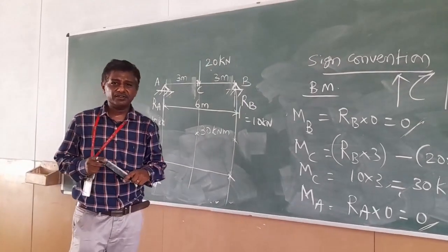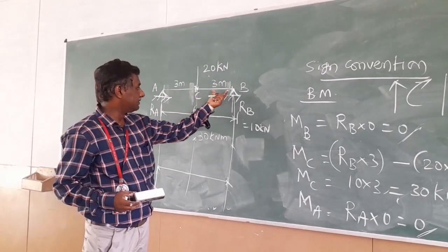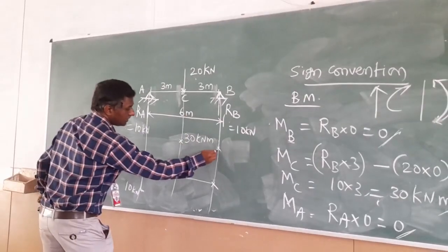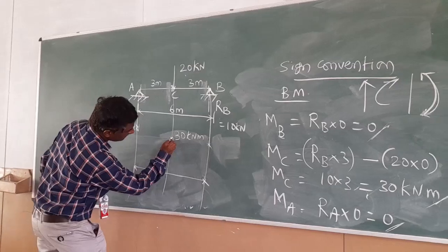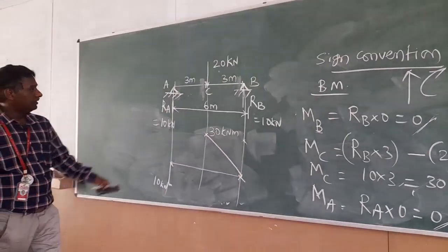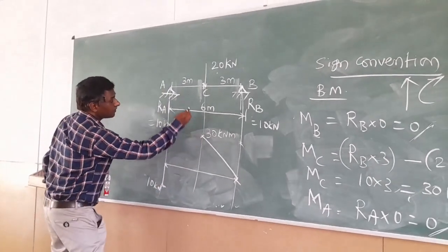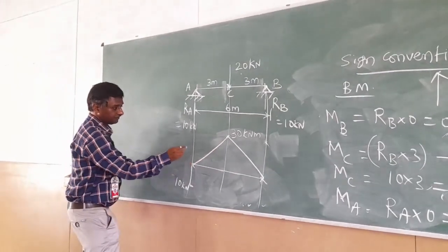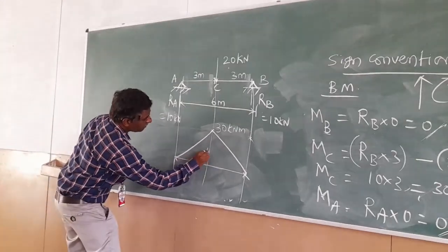And what is the nature of the curve to be drawn for the bending moment diagram? When the point load is acting, in between there is no load, so it will be drawn by directly joining the line. From this point to this point, you just draw a linear line. And from C to A, you just draw the line. 30 kNm is the value, so it is a positive bending moment.